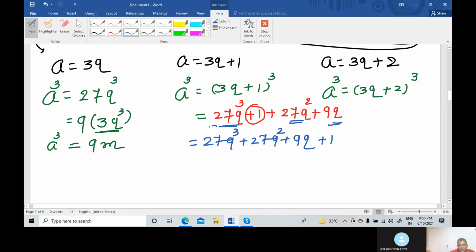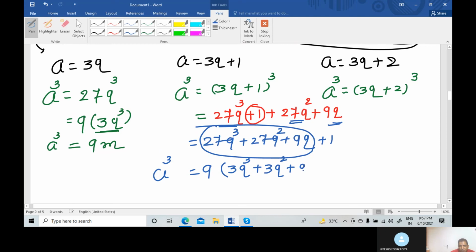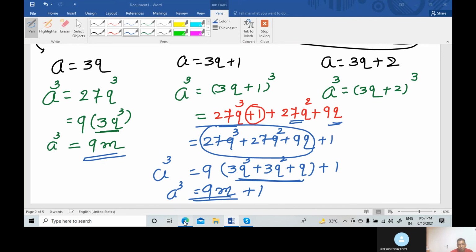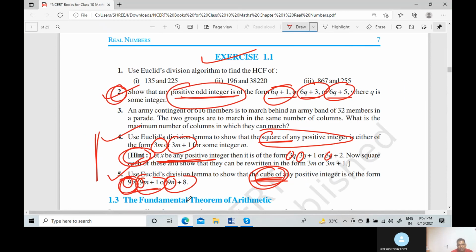Common the number 9 from the first three terms: 3q cube, 3q square, and here only q, and 1 remainder. The bracket value is always an integer because q is an integer. So place m here: 9m plus 1. Here the first answer is 9m and the second answer is 9m plus 1. 9m is already done and 9m plus 1 is also completed. Now we try 9m plus 8.